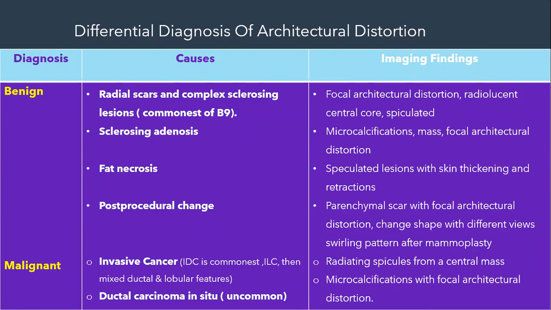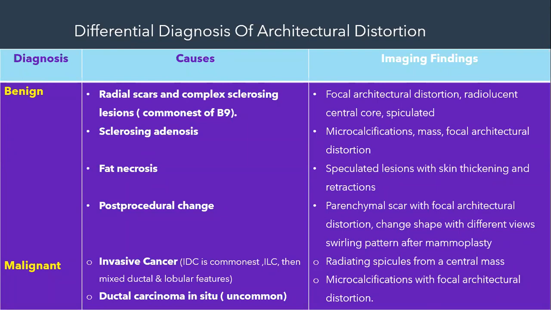These are the commonest benign causes, and a radial scar usually has satellite lesions with central lucency and long spicules. Okay, and sclerosing adenosis is characteristically associated with microcalcifications. It can present as a mass with distortion, or focal architectural distortion as a standalone lesion.